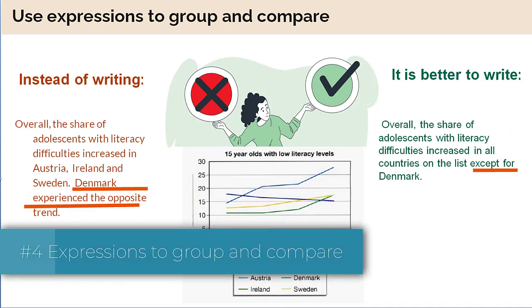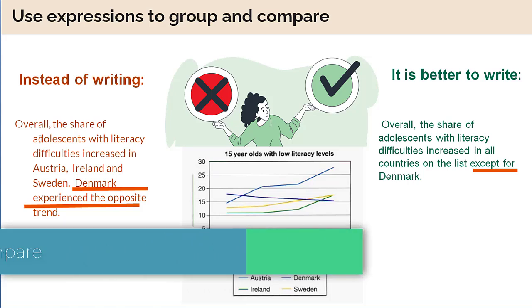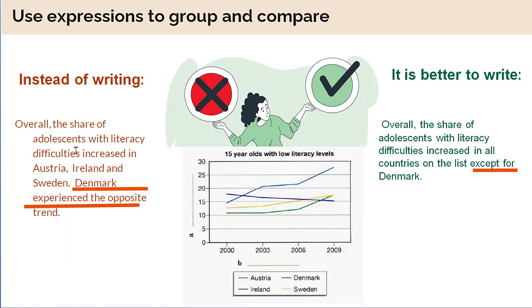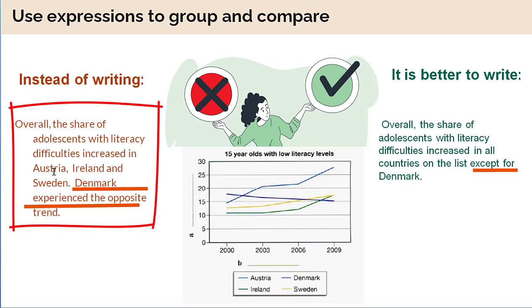And last but not least, use expressions to group and compare. So here we have an example, two sentences. Overall, the share of adolescents with literacy difficulties increased in Austria, Ireland, and Sweden. Denmark experienced the opposite trend.